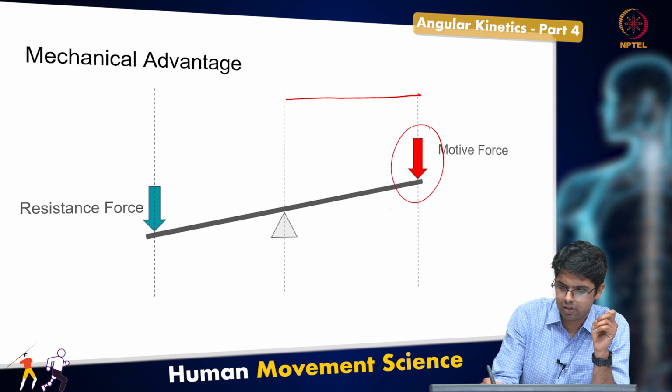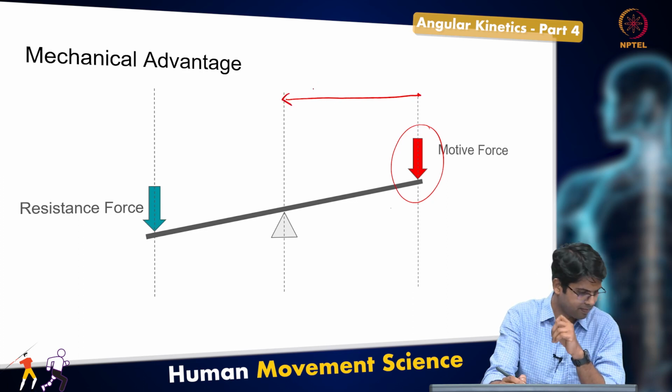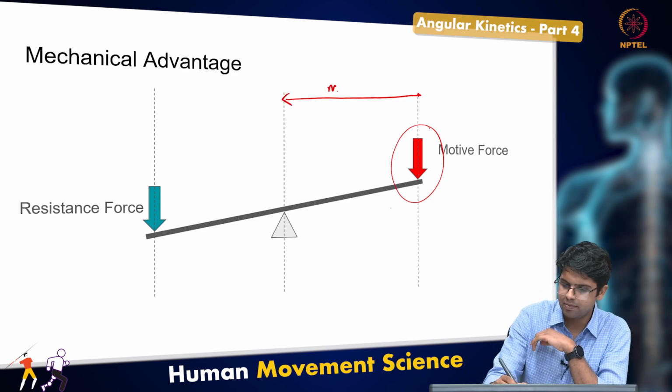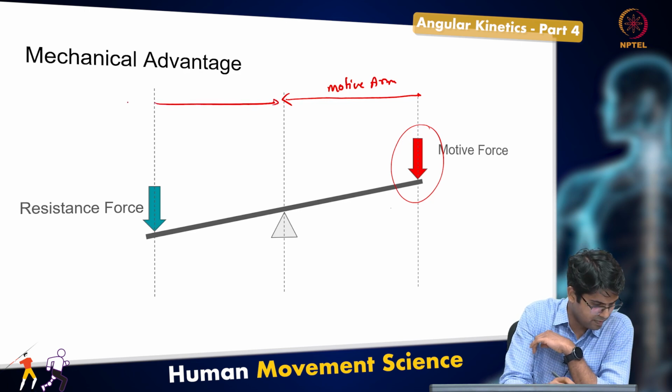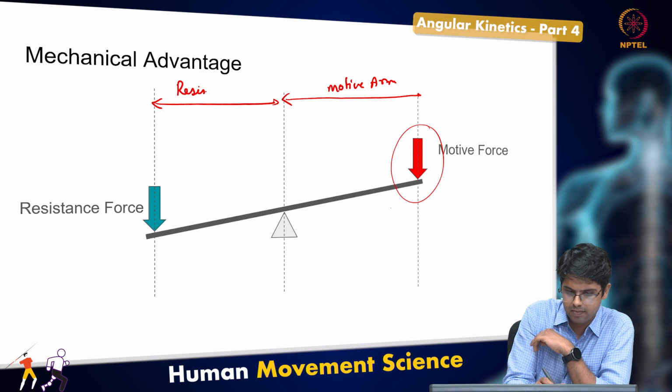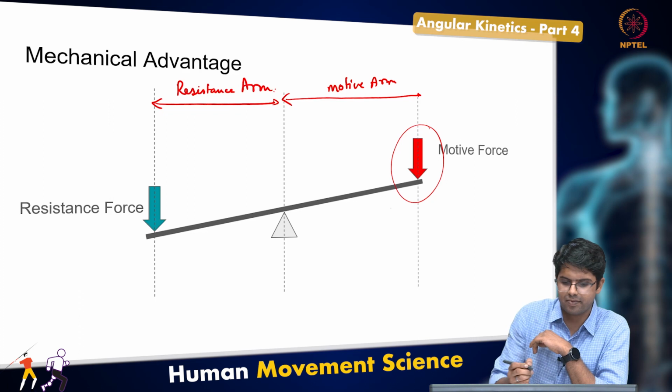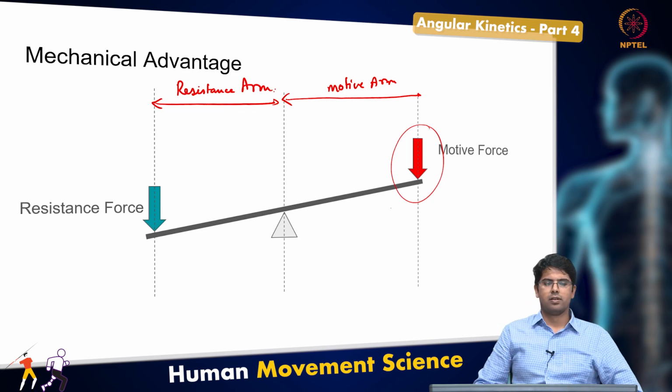For that limiting condition, we have done this calculation. So you have your motive arm, and you have your resistance arm. All right.